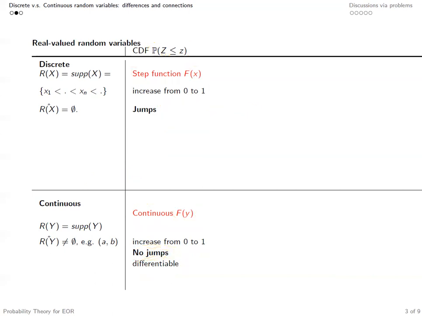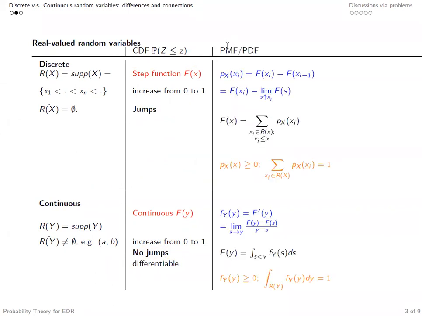So indeed, they also have a specific way of describing the distributions. For discrete ones, we have the probability mass function. For the continuous random variable, we have the PDF, the probability density function, right? The PMF is defined for discrete, and the PDF is defined for the continuous random variable.